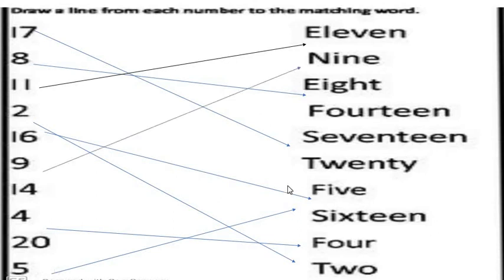Next, number 9. Find out number 9 in the column. N-I-N-E, 9. We have to match number 9 with the spelling. Next is 14.